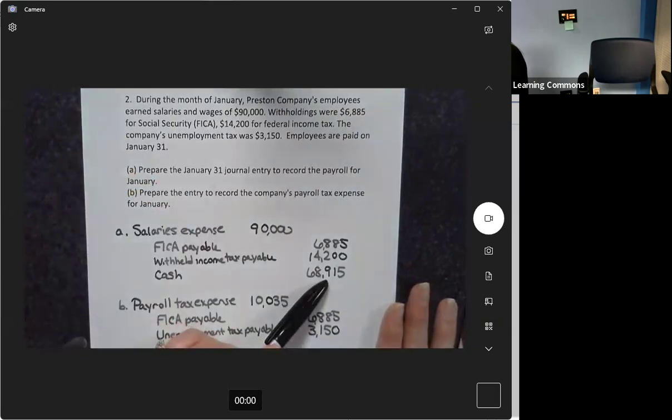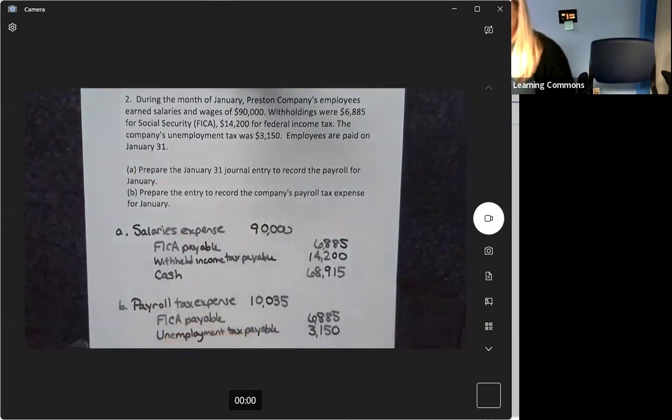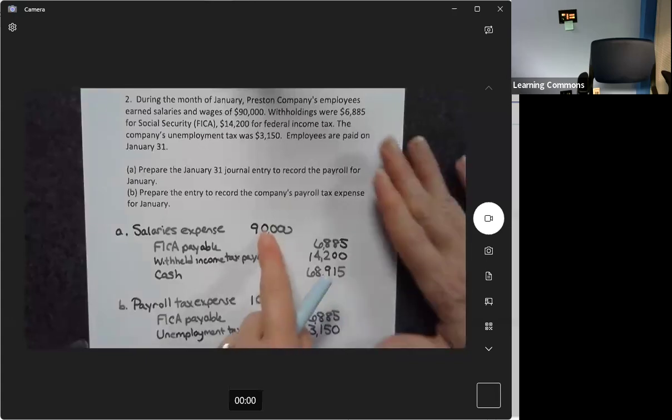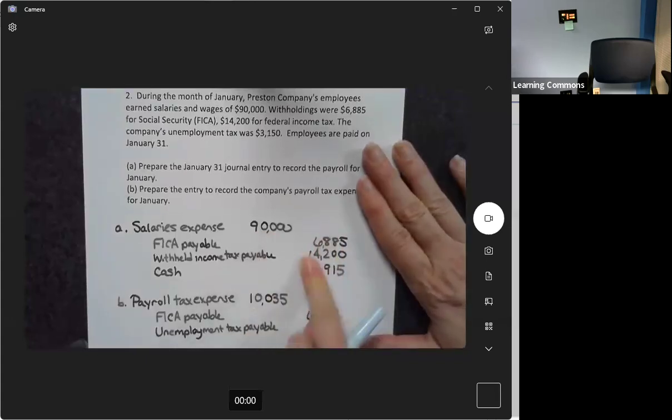But when we think about the net pay, what actually shows up on the paychecks to the employees, what shows up on the paycheck is the total salaries expense minus the things that the company has to withhold from the employee's checks. So remember, really, the employee is getting paid the whole $90,000.